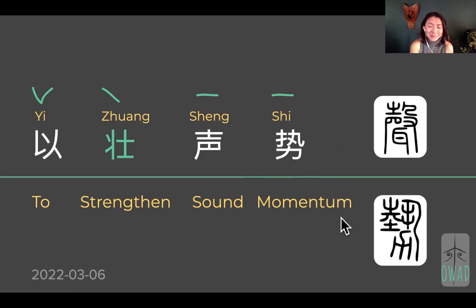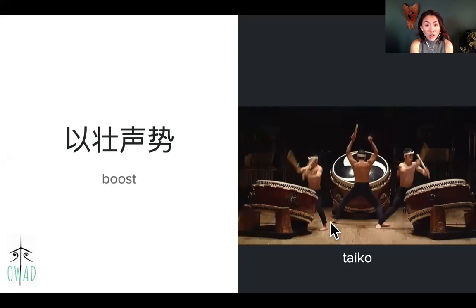Sound momentum, that's the original, right? So we often use the sound in creating this momentum. 以壮声势. Altogether, a simple English concept, just boost. To boost up, to cheer somebody on with sound.